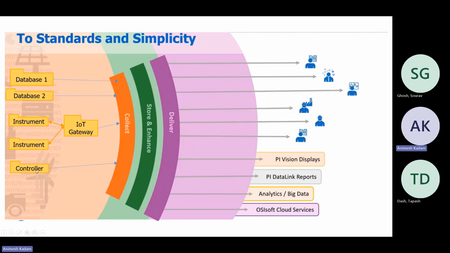That information can also be collected and stored inside the PI System, and then we do the enhancement, meaning some analysis using that information, tracking the events or getting some value out of it, and then deliver the information in different ways to different stakeholders as per their requirements.